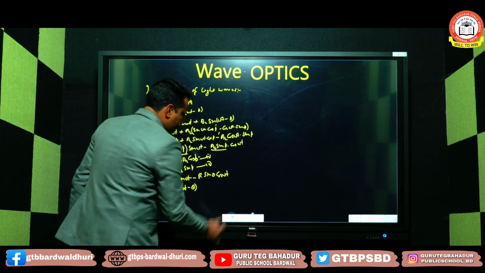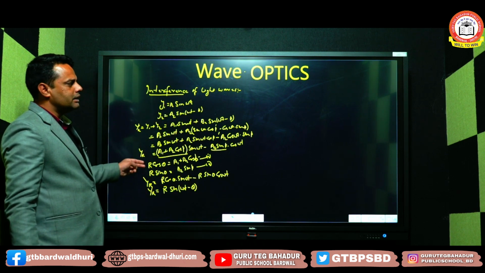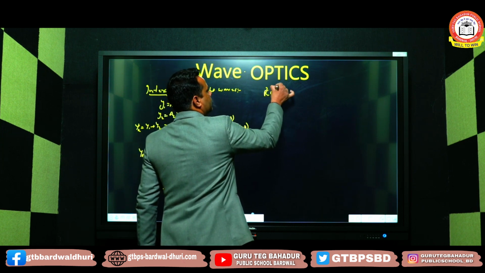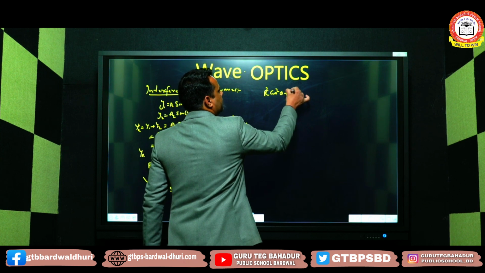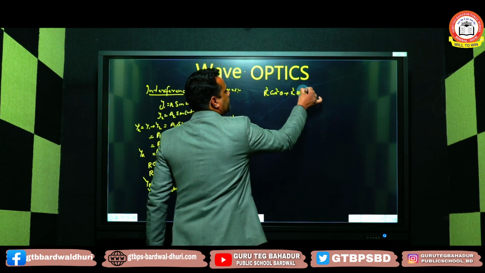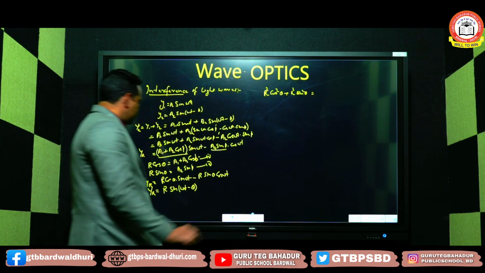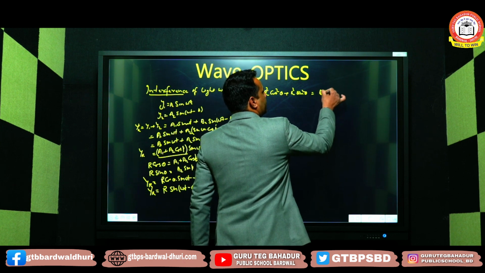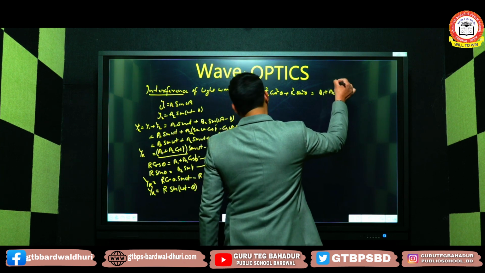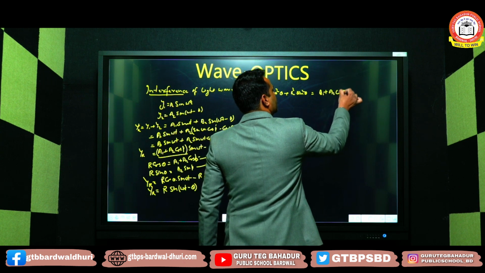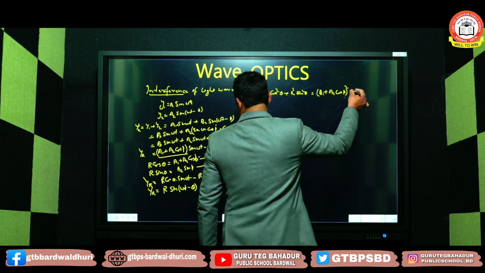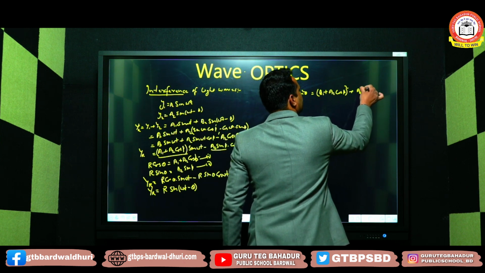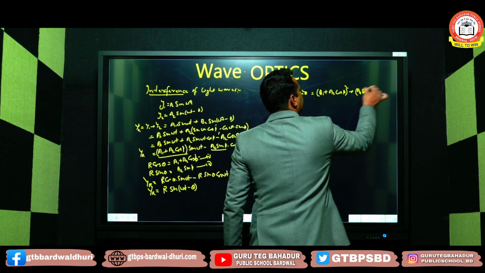Now squaring and adding these two equations, I will get r square cos square theta plus r square sin square theta is equal to (a1 plus a2 cos phi) square plus (a2 sin phi) square.